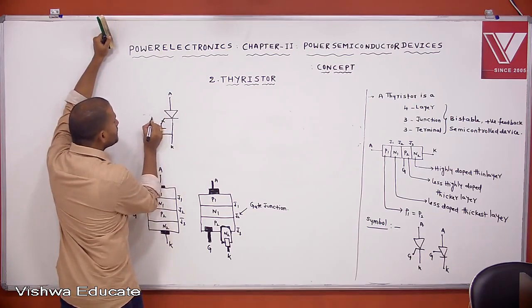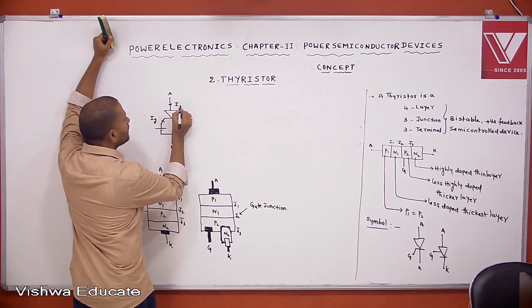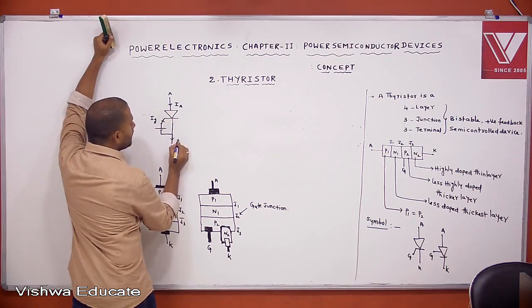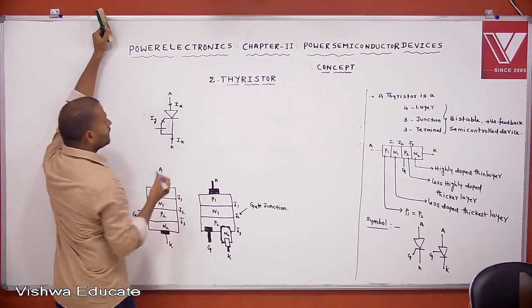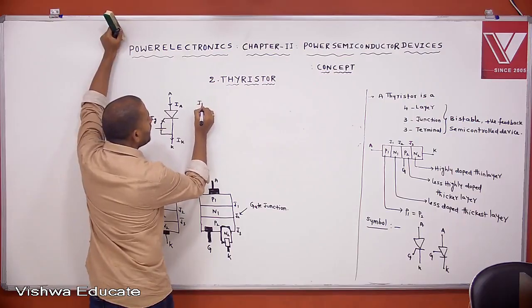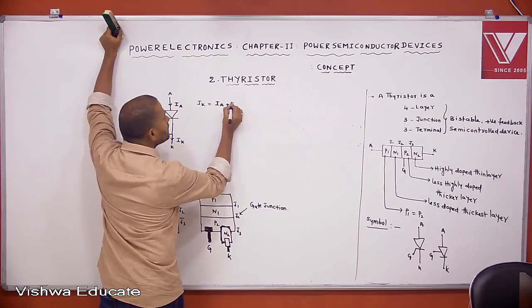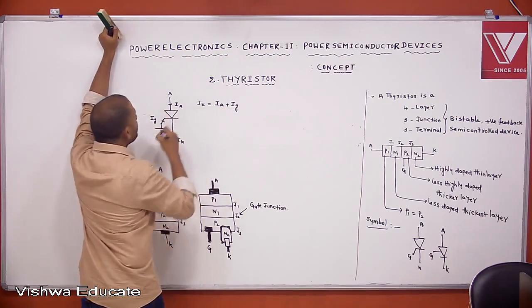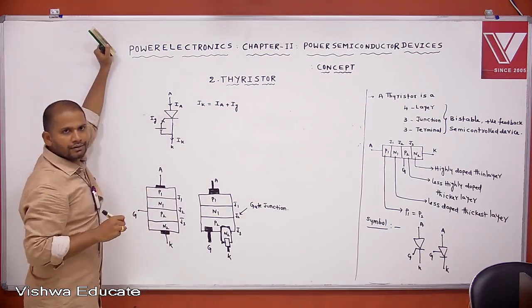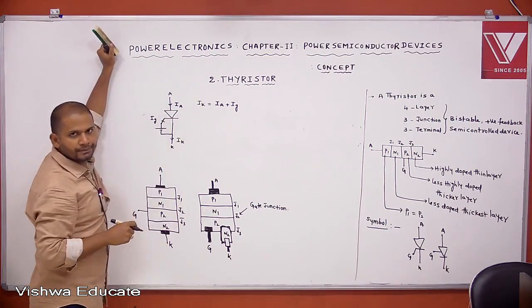This current is IG, gate current. This current is anode current, IA, and this current is cathode current, IK. Then how to write? IK equals IA plus IG, anode current plus gate current. Cathode current equals anode current plus gate current.